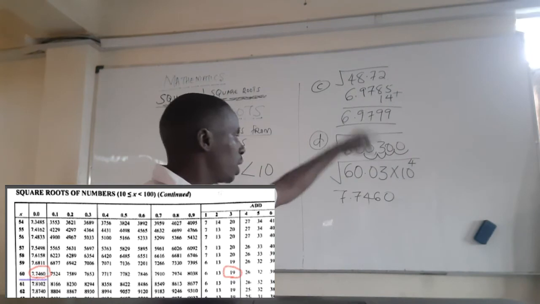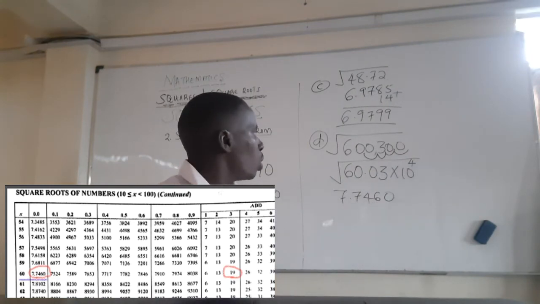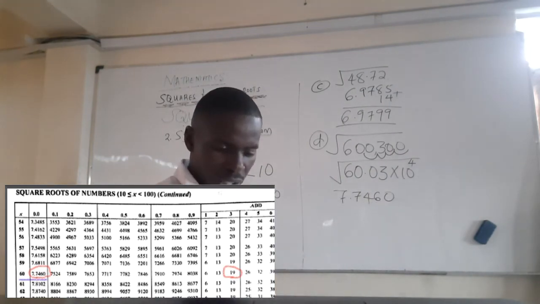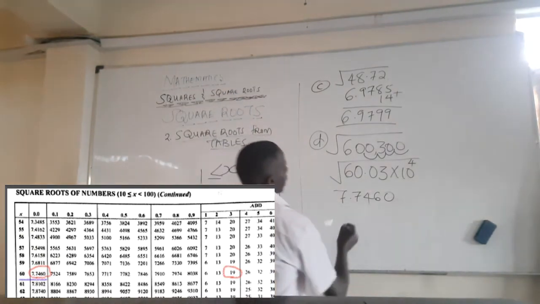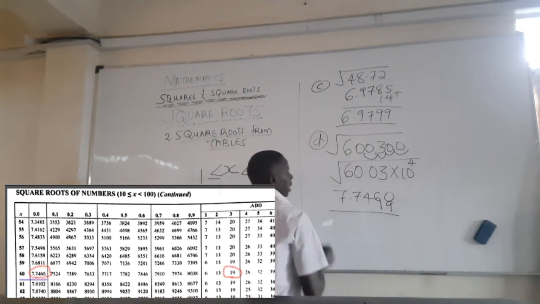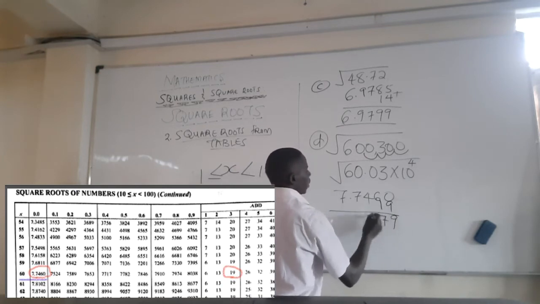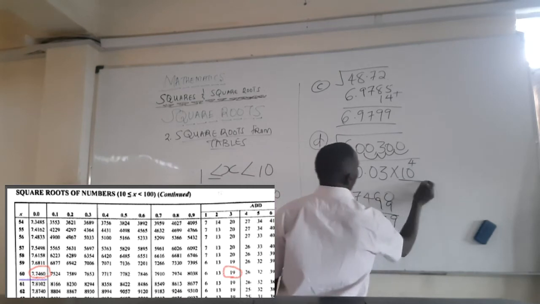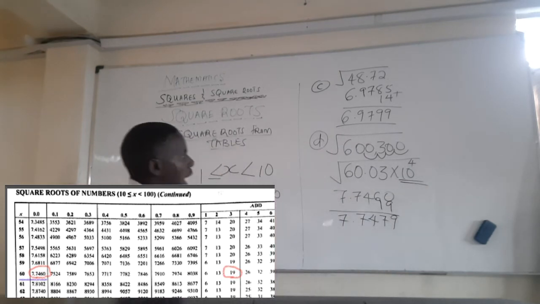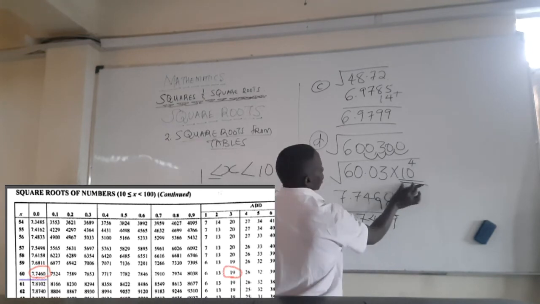Then along the column of 3, along that row, we are going to find the value corresponding to 19. We add that 19 to the far end there, and I get 7.7479. Then we have 10 power 4. You look at the square root of this number.